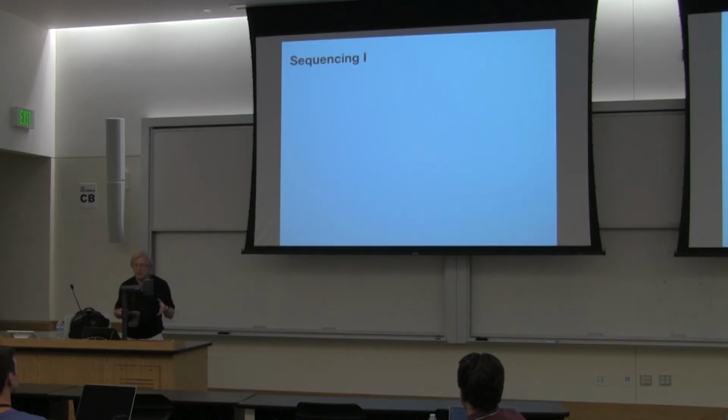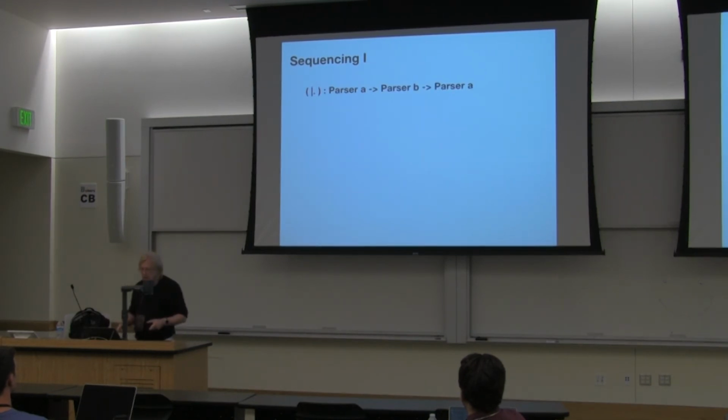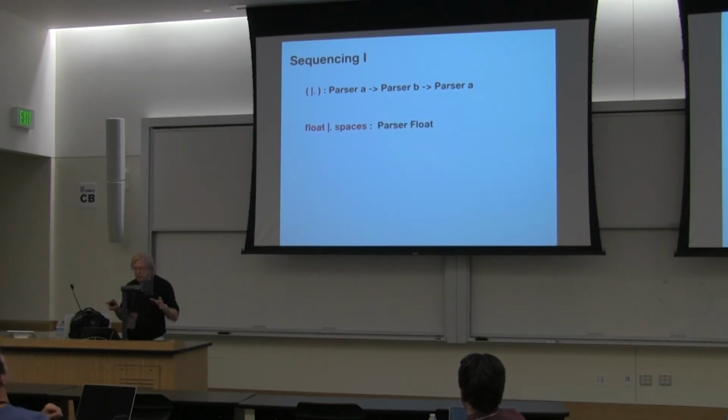The first sequencing parser I want to look at is the pipe dot parser. It takes 2 parsers as arguments and returns a third parser. It's used like this. I'm going to, for example, combine the float parser with the spaces parser. What it will be able to do is chomp a floating point number like 1.2, chomp some spaces, and it'll return the float value.